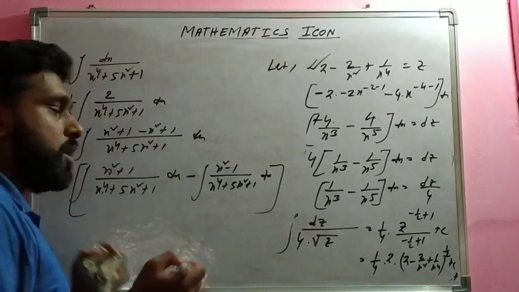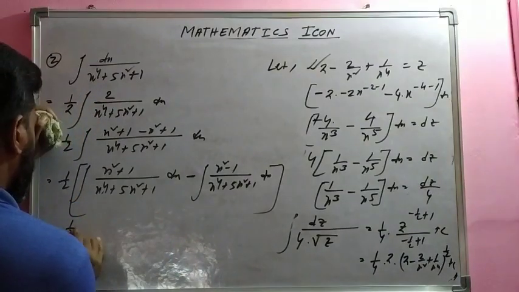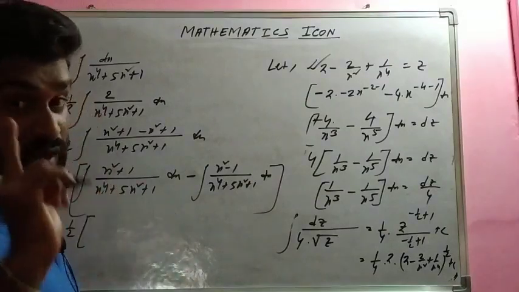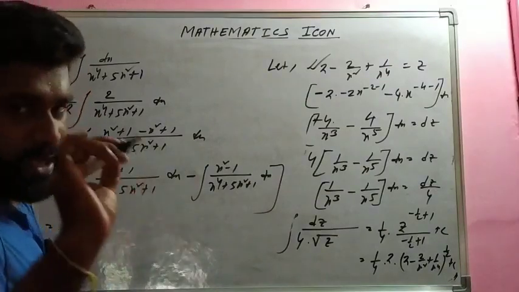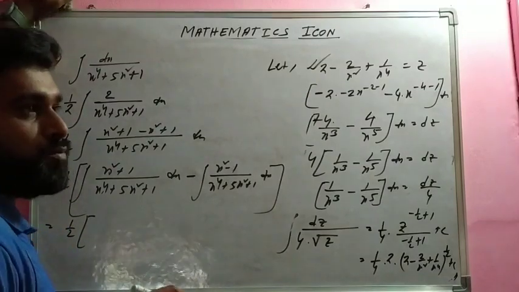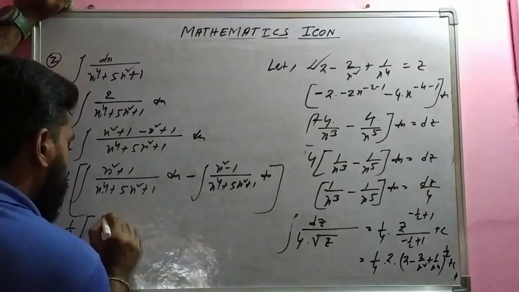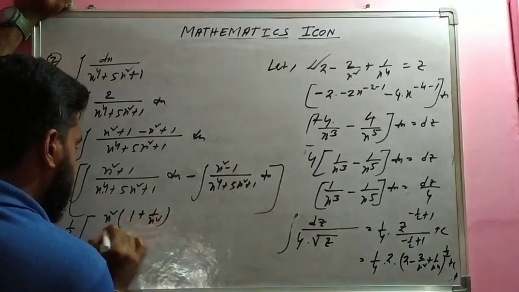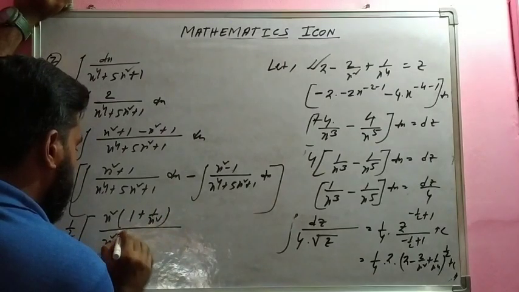Now, half, if you have this type of structure, then the first step, just write the first step on the side: in the numerator and the denominator, I have to take x square common. Take x square common in the numerator, and in the denominator also take x square common.